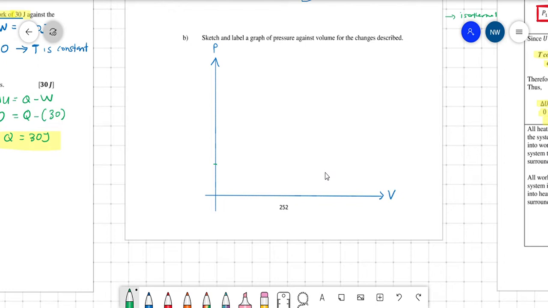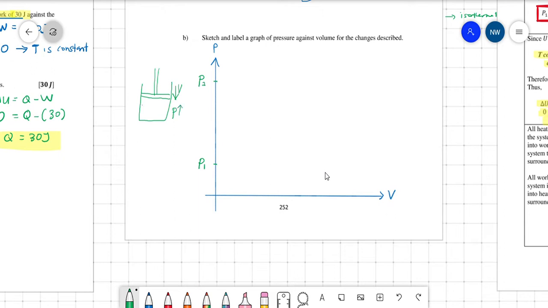For P1, P1 is lower than P2, so you can just plot it anywhere which shows that P1 is lower than P2, because it's compression. When it's adiabatic compression, we compress the volume, so the space decreases, which means the pressure will increase.